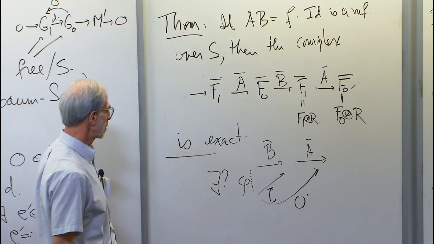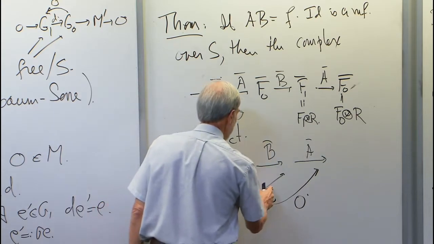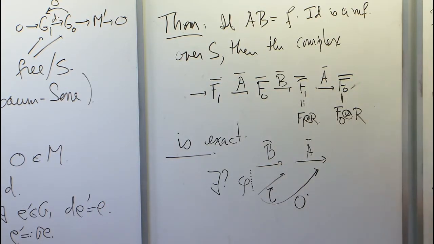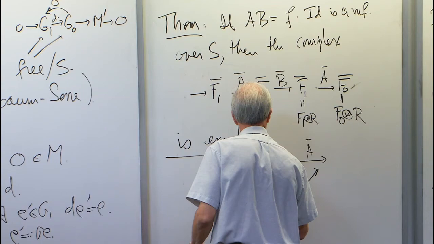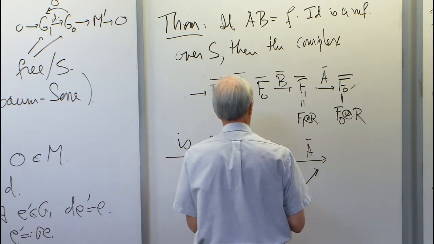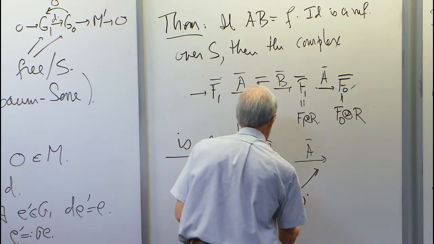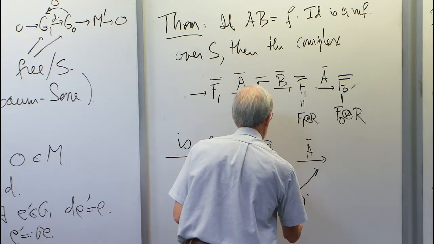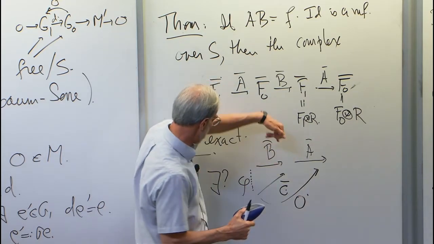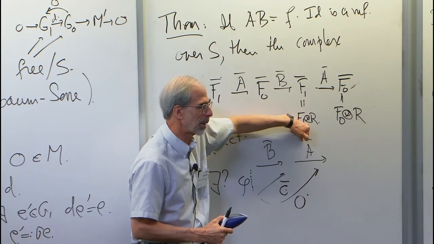I don't understand what you wrote there. It's a little unclear because the bar looks like a tor. Let me see if I can clarify the notation. So what does it mean to say that a map B bar covers the kernel of A bar?